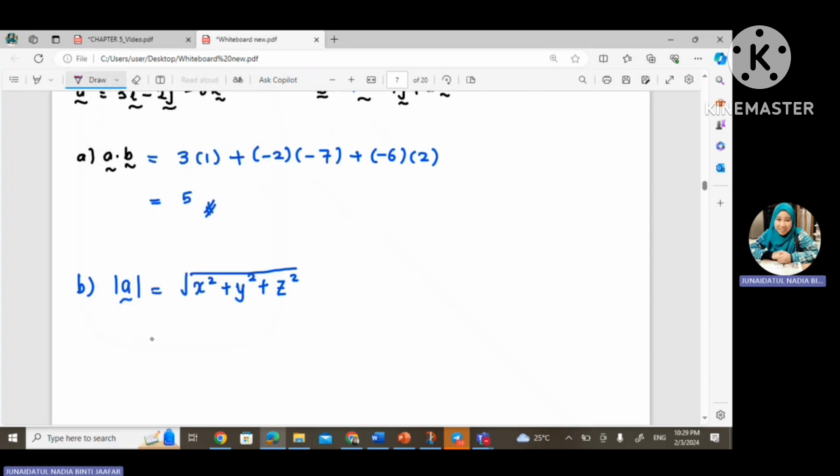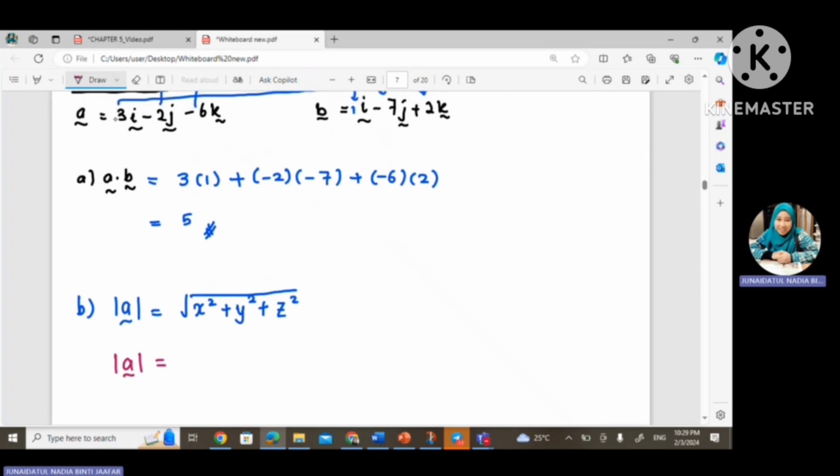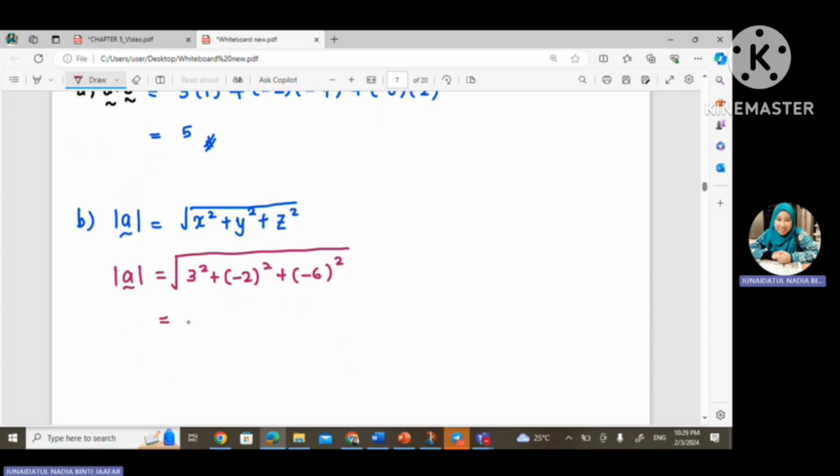So the magnitude of A, we take from vector A, so we have 3 squared plus negative 2 squared plus negative 6 squared. So the magnitude of A is the square root of 49, which is equal to 7.